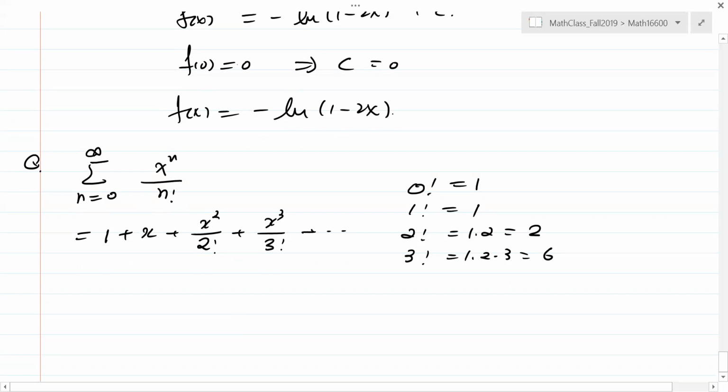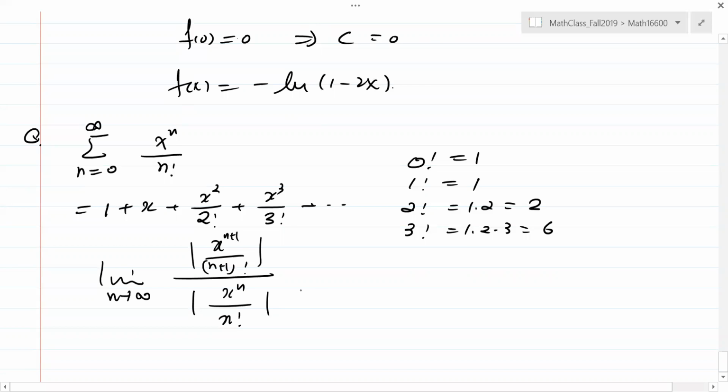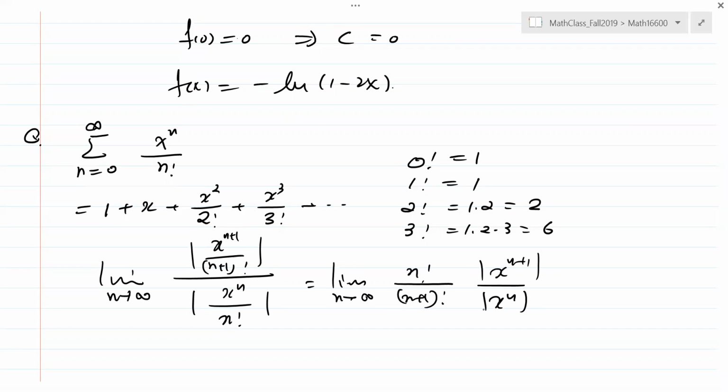Ratio test, yes. So you look at the limit of the absolute value of (n plus 1) factorial, x to the n plus 1, over x to the n, n factorial. Don't forget the absolute value, because that's what's stated in the ratio test.